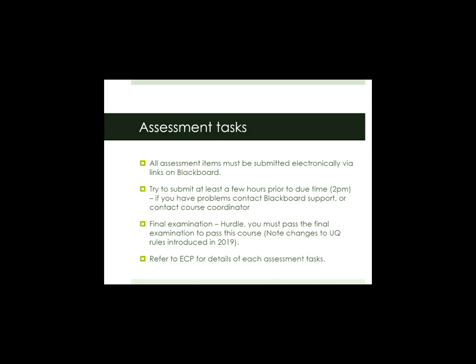If you fail the final exam really badly, normally you're not eligible for any supplementary assessment. It used to be that if you passed the course overall and failed the final exam, you could get a supplementary assessment. But those rules have changed as of this year.